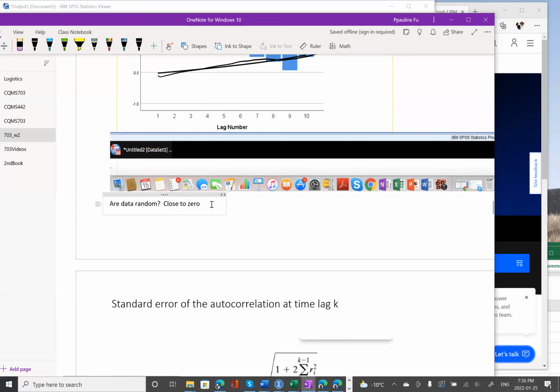And the other question we commonly ask is, do the data have a trend? How do we know if data have a trend or not?